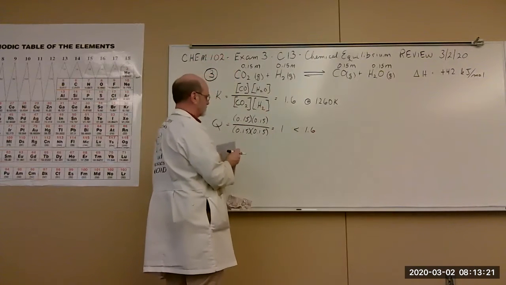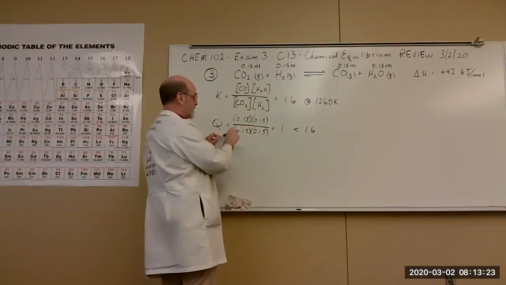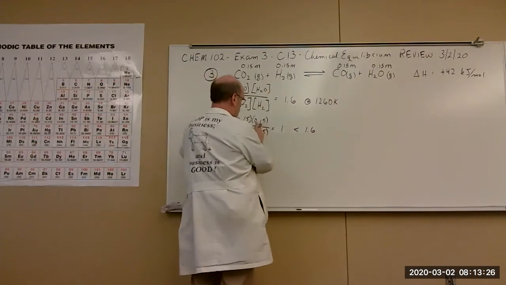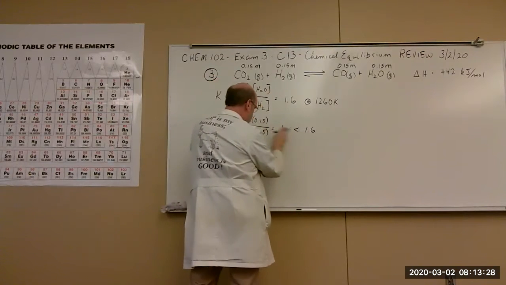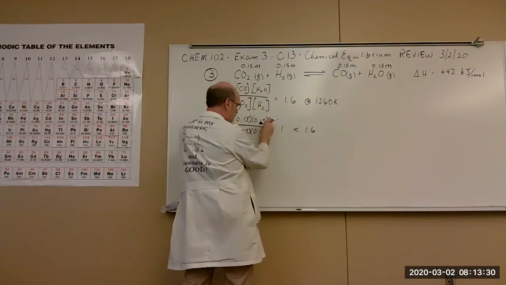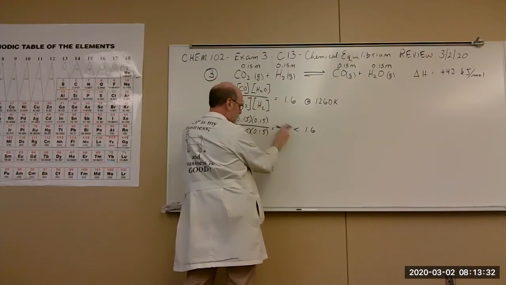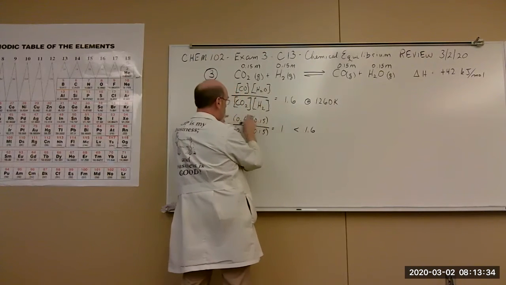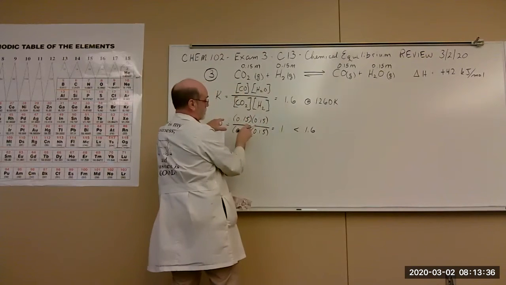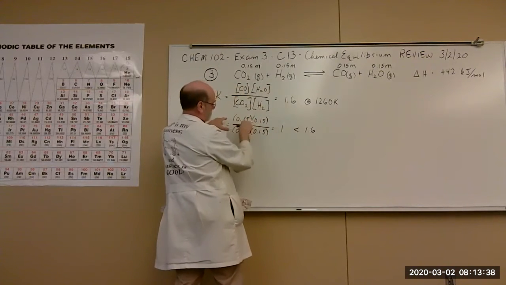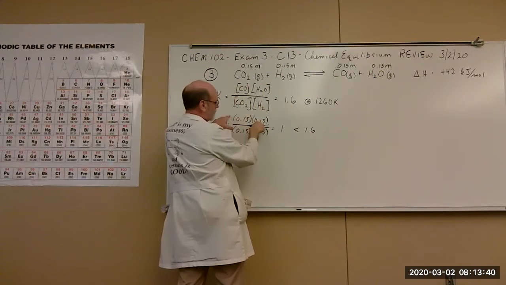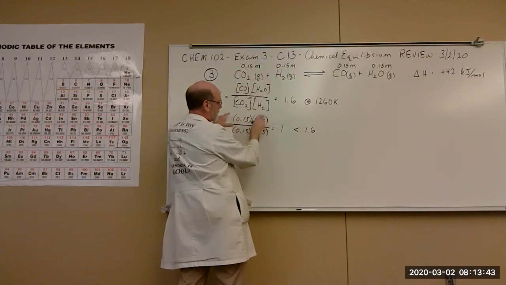Let's check it out, see if that's true. All right, so if this is less than that value, that means we've got less of this than we need, because it needs to be bigger. We've got less, oh no, it's the other way. It's that way. If this is less than we need, it needs to get bigger.